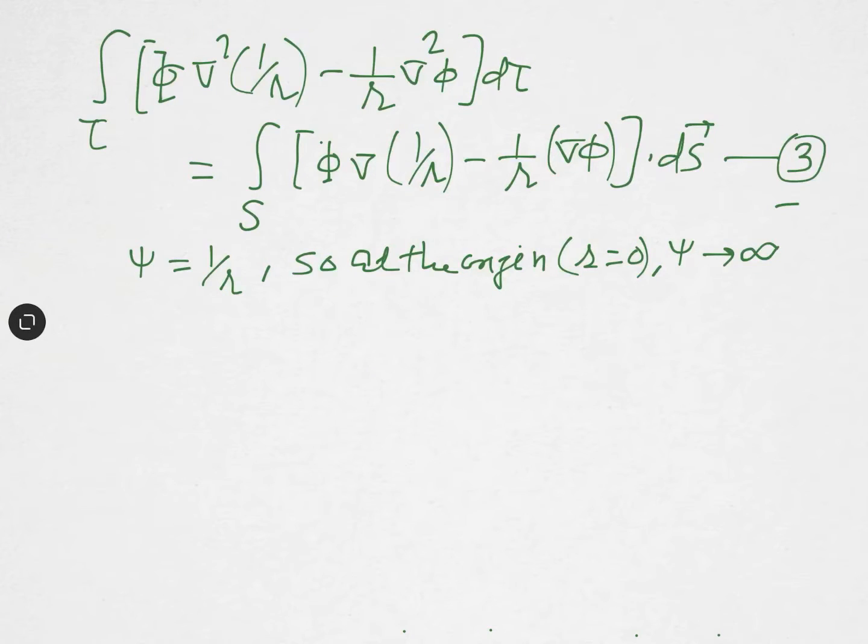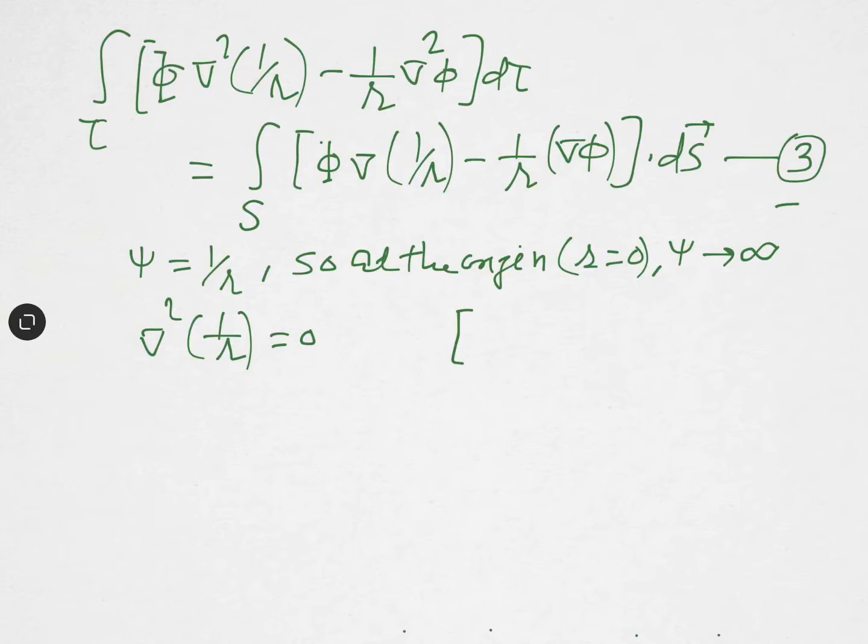First of all, see the value of del square 1 over r. This is actually 0. 1 over r satisfies the Laplace equation, and this will be 0.